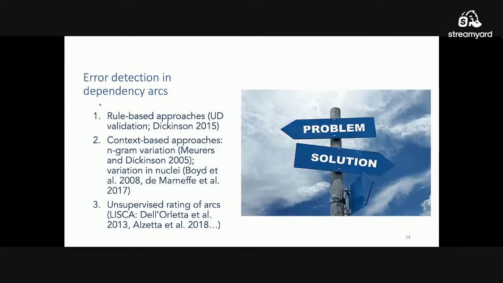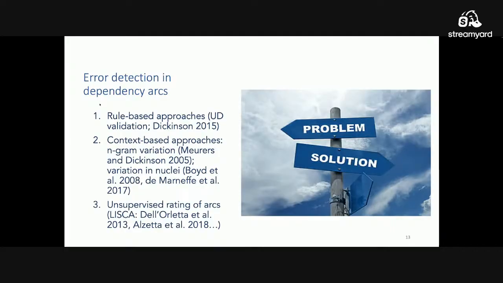Now, how do we solve the problems of inconsistency? Well, this is a pretty difficult question. There is a lot of research that has already been done. I will tell you very, very briefly that there are at least two approaches that you can work on. One is what we would call a rule-based approach.